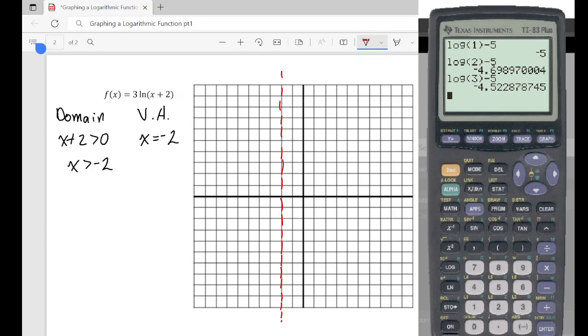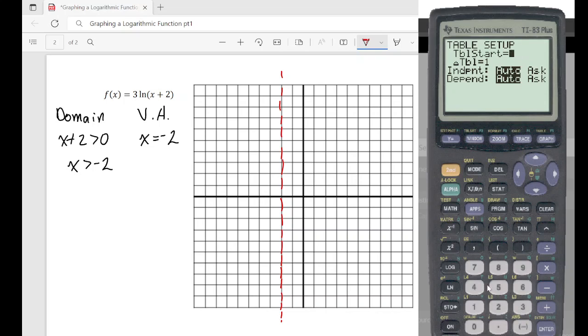And now I'm going to plug my function in so I can get some points. So back to y equals, clear out the old one, and let's plug in the new: 3 ln of x plus 2. So there's my function.